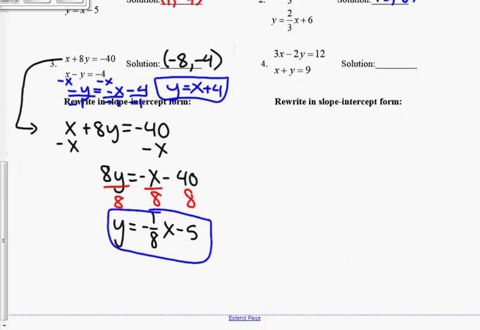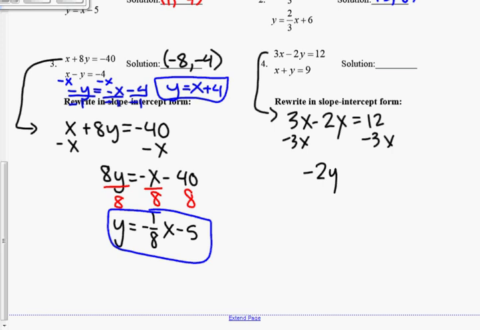Number 4, we need to again put this into slope-intercept form. If I look at that first equation, the first thing I'm going to do here is subtract 3x over. So negative 2y equals negative 3x plus 12.